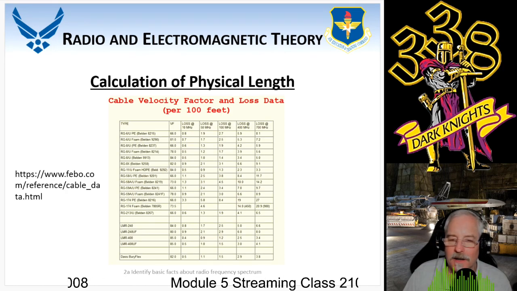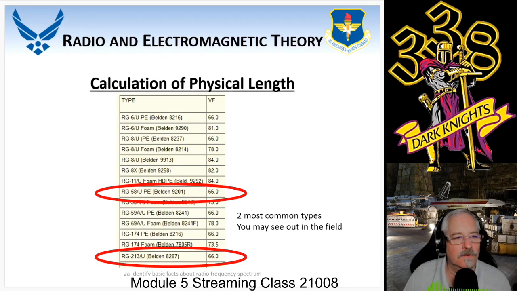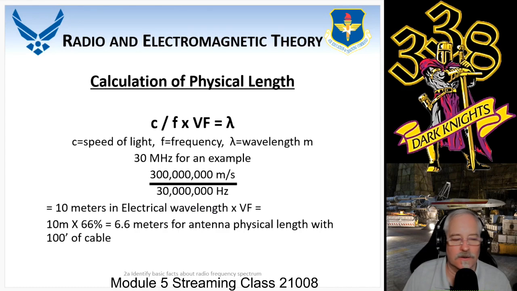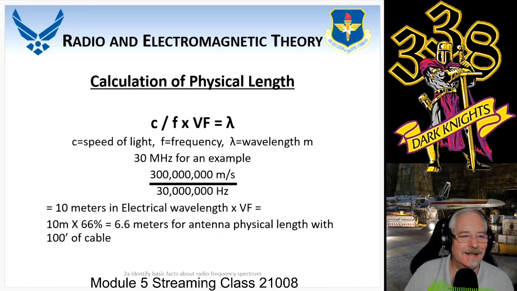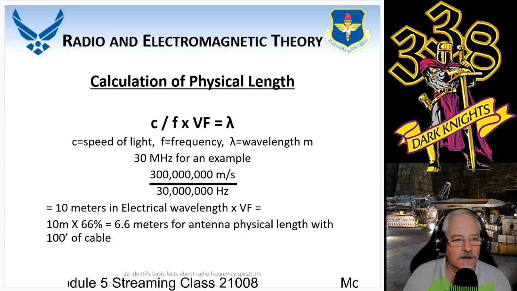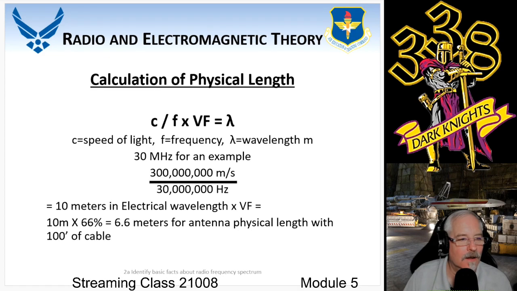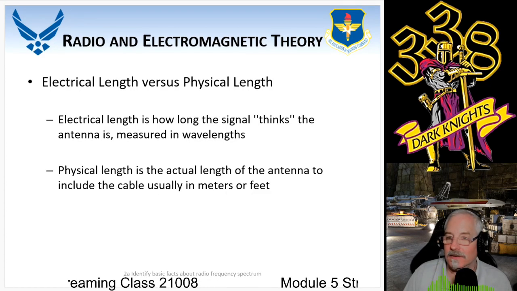That's pretty much what every cable I have seen says when it comes to velocity factor. So in this case, our actual antenna with the cable has to be about 6.6 meters for that frequency. Kind of crazy with all this electrical length.